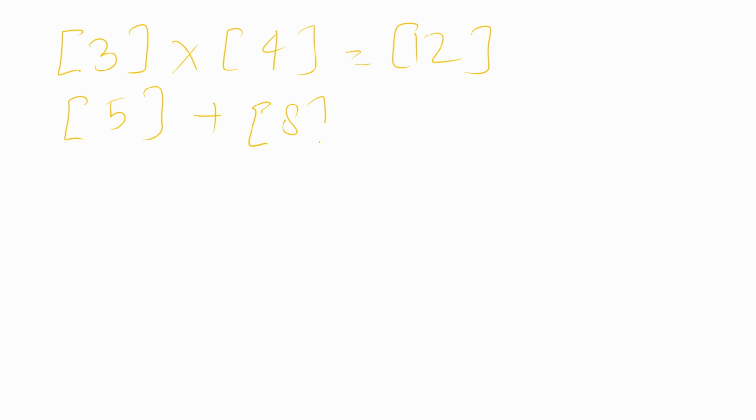The only difference would be that we had to put these numbers inside square brackets, and they would look something like this. 3 times 4 would be 12, inside square brackets. 5 plus 8 would be 13. 8 minus 2 would be 6.